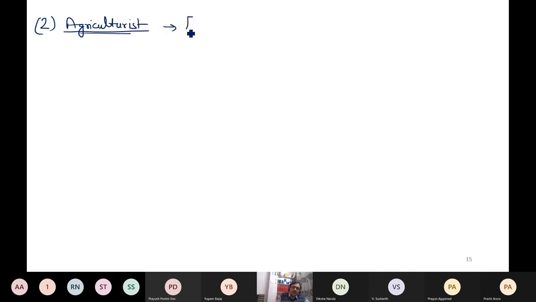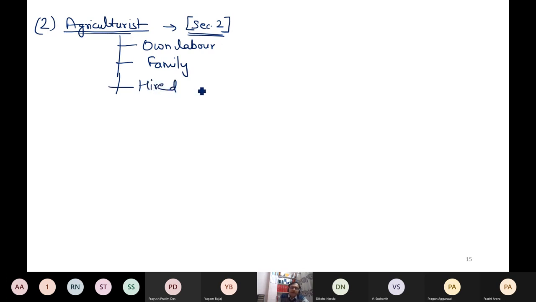Now read the definitions in section 2. I have told you earlier also that you should refer to section 2 for definitions. Only then frame a general definition if something is silent, but agriculture is defined. So basically those people who are cultivating land with own labor or family labor, or hired labor, but cultivating land.